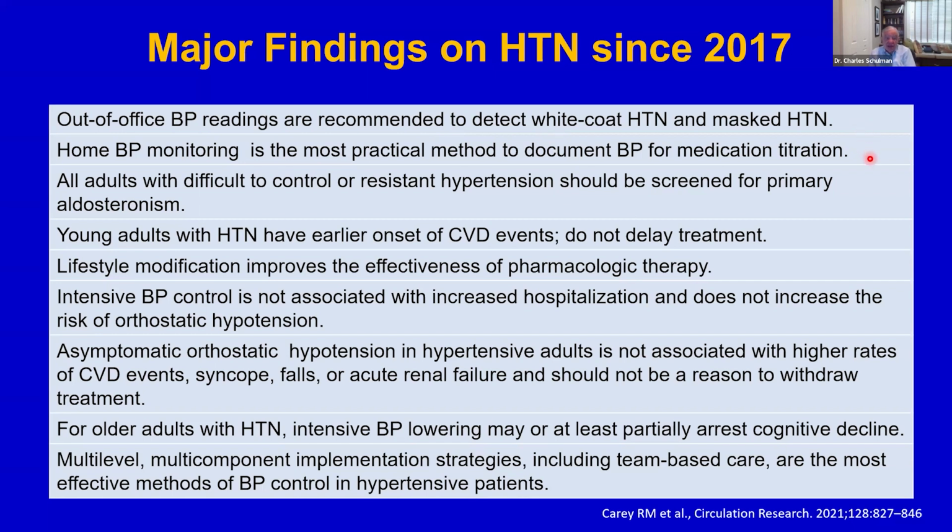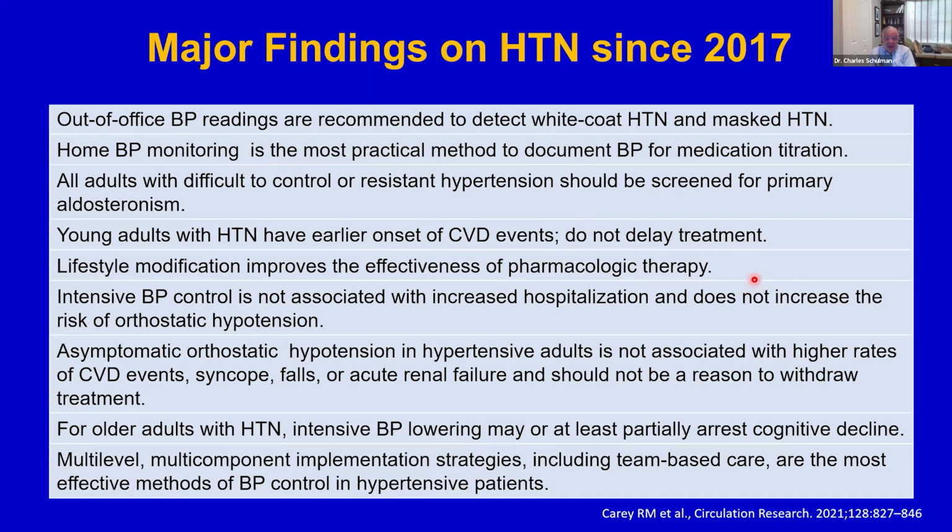It's the most practical method to document blood pressure for titration. Anybody with difficult to control hypertension should be screened for primary aldosteronism. Again, young adults, I've already mentioned, do not delay treatment.